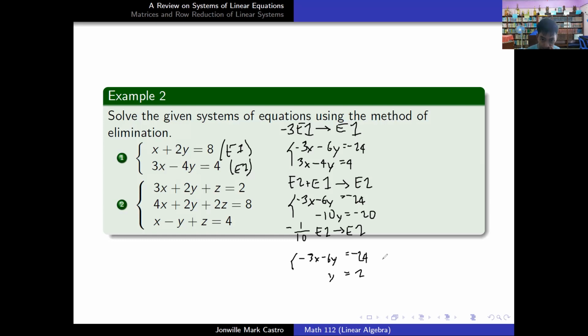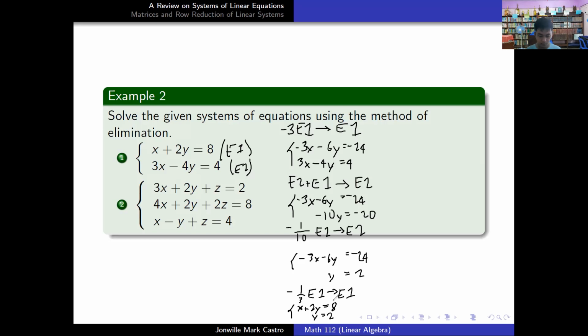Okay? So, pwede din nating i-simplify yung equation 1. Since pwede tayo mag-divide ng 3 or negative 3. Multiply negative 1/3 E1 to E1. So, yung system na natin here is x plus 2y equals 8 and y equals 2.